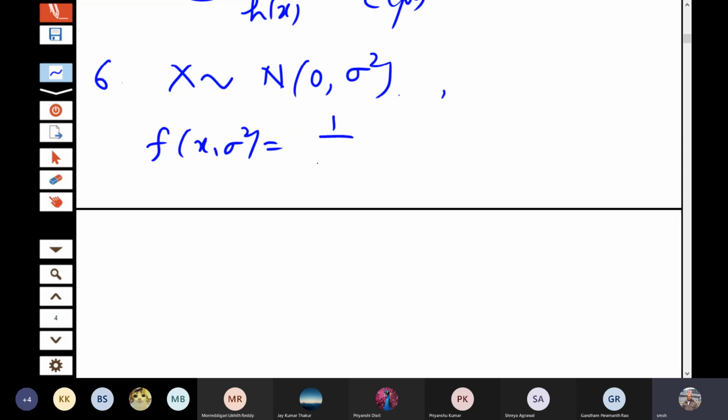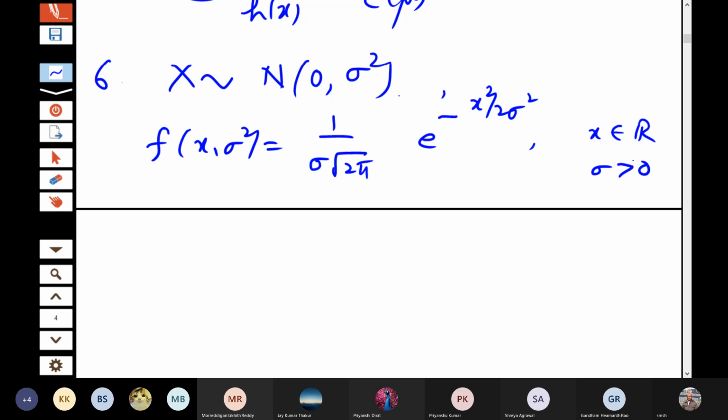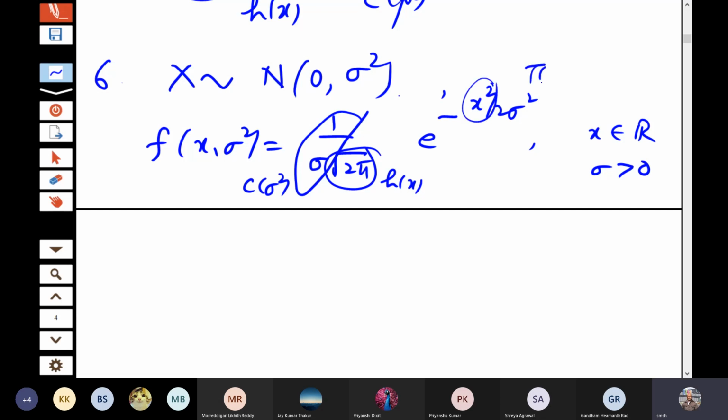So it is 1 by sigma root 2 pi e to the power minus x square by 2 sigma square. Then you can consider this as C(sigma square), this as h(x), this as T(x), and minus 1 by 2 sigma square as Q(sigma square). So this is again in the exponential family.